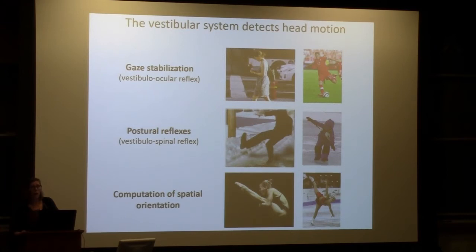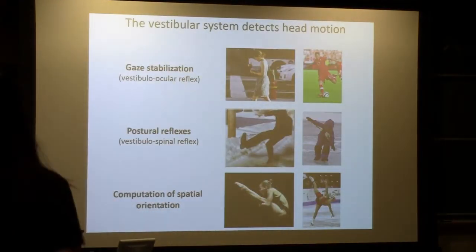If you've ever slipped on ice, you find yourself catching your balance before you even realize what's happened. That's your vestibular system at work. And of course, it's also important for letting us do really complicated behaviors, maybe not all of us this complicated, that require keeping track of how you're moving through space and building what we call internal models.